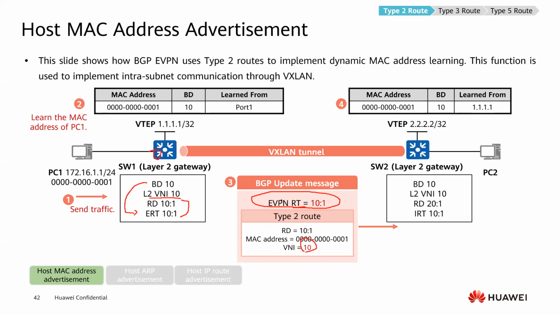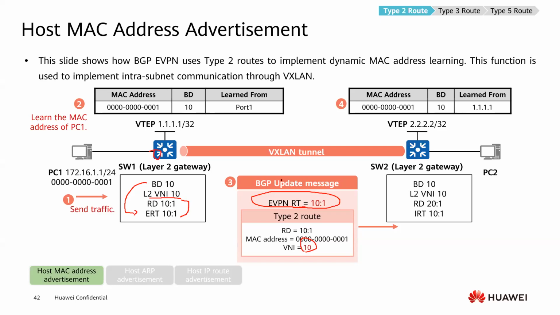It will try to compare the RT value carried in the BGP update message with its local BDs' import RT values, trying to find one BD that has the same import RT value as the EVPN RT value.